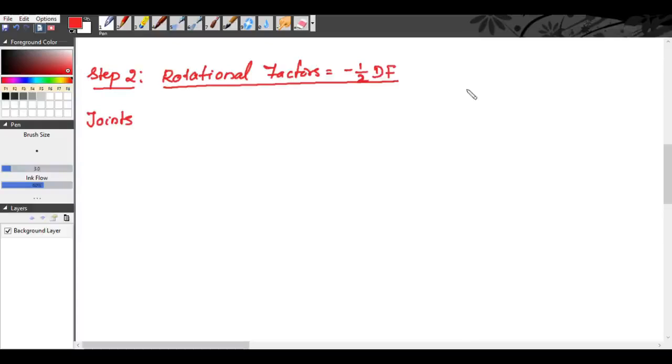So now here we have two joints, B and C, where more than one member acts. Now we will write the members. At joint B we have the members BA and BC. At C we have the members CB and CD.